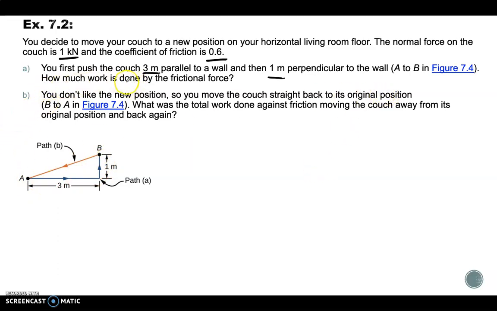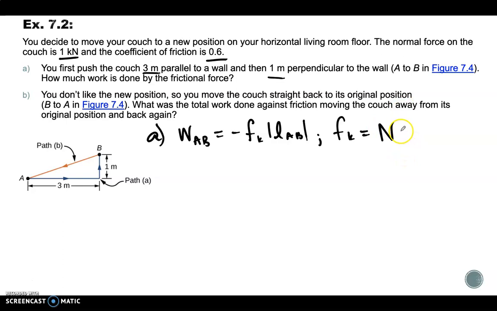We want to know how much work is done by the frictional force. Again, our work done from A to B is minus F sub k times the length from A to B, the length of this path. One thing to note: F sub k is equal to our coefficient of friction, mu sub k, times our normal force.